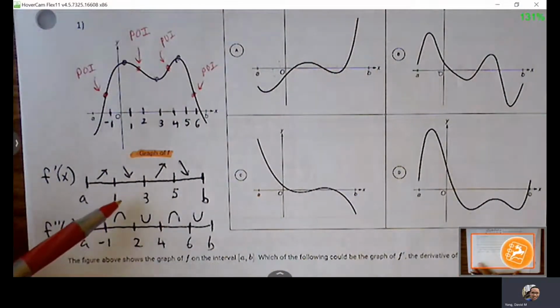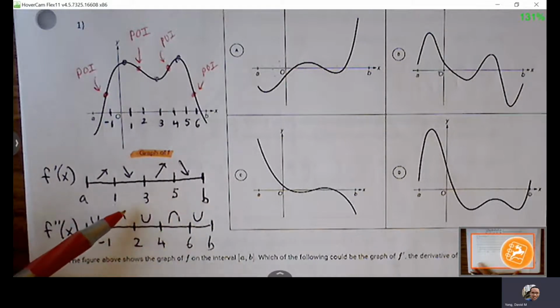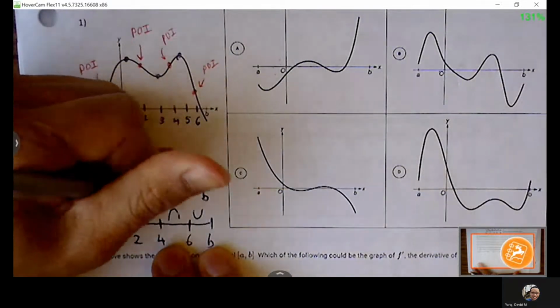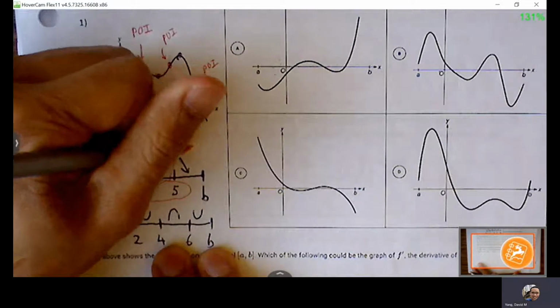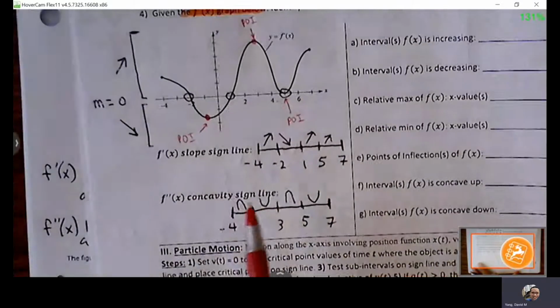So we know 1, 3, and 5 are relative max, relative min. How are relative max, relative mins going to show up on the F prime graph? Where are these going to be located? Let's go to the previous problem here.